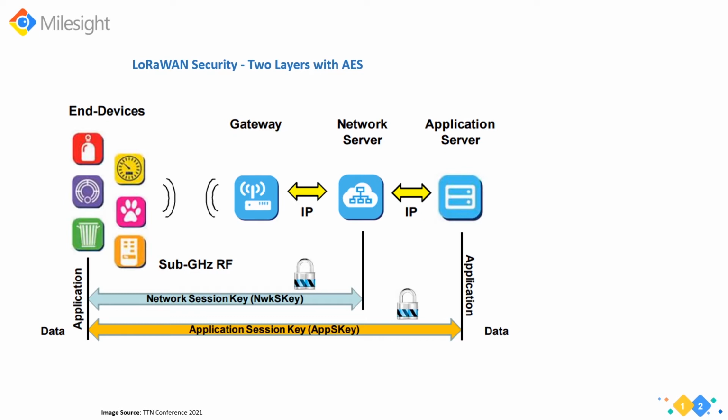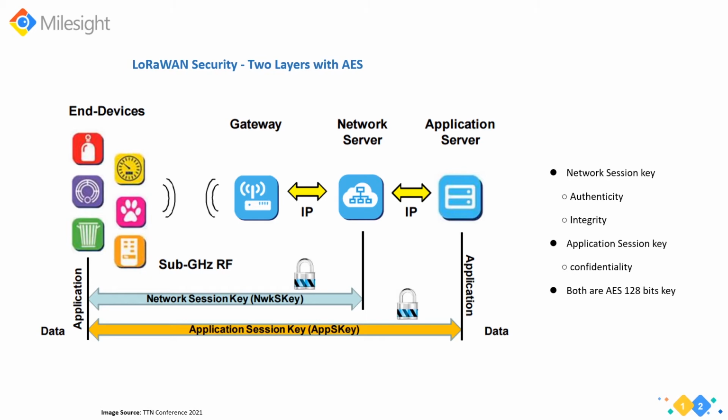There are two keys. One is for network security, the network session key, to make sure nobody in the middle can modify the message. This key uses an AES 128-bit key to generate a MIC for message integrity.